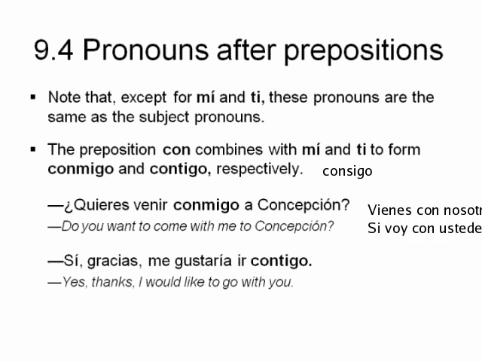And any other prepositional pronoun that you're using with con, other than mí and ti, you just say con whoever. ¿Vas con él? Are you going with him? And the person can say, sí, voy con él. I'm going with him. Okay? It's only with the mí and the ti that you have to form a new word, which is either conmigo, which means with me, or contigo, which means with you.